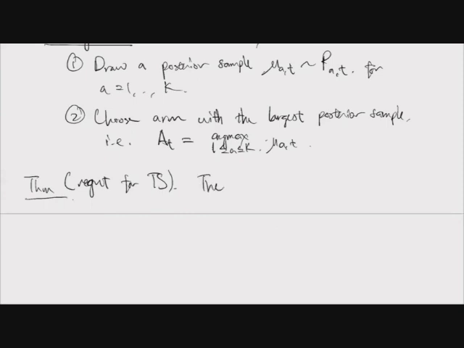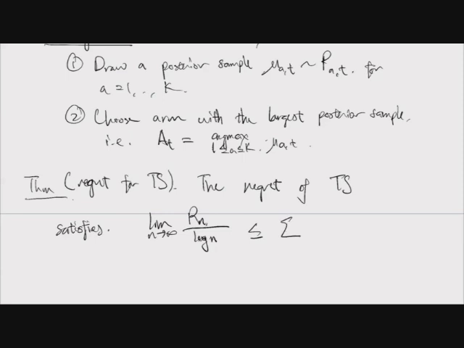Under some conditions, which I'm not going to write down, the regret of Thompson sampling satisfies this limiting behavior, where if I take the ratio between the regret and log n and take a limit, this is going to be less than or equal to the sum over all the suboptimal arms of 2 divided by the suboptimality gap.